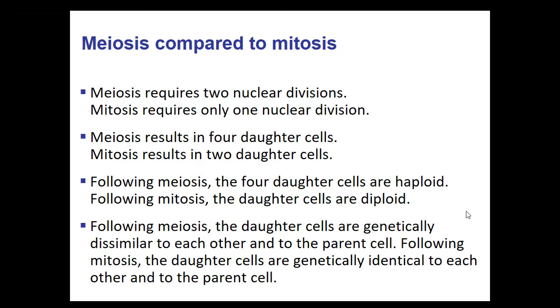And then when the second division happens, there's one little tiny daughter cell and one full-size one, and the tiny one dies. This is called the first polar body, and this is called the second polar body.